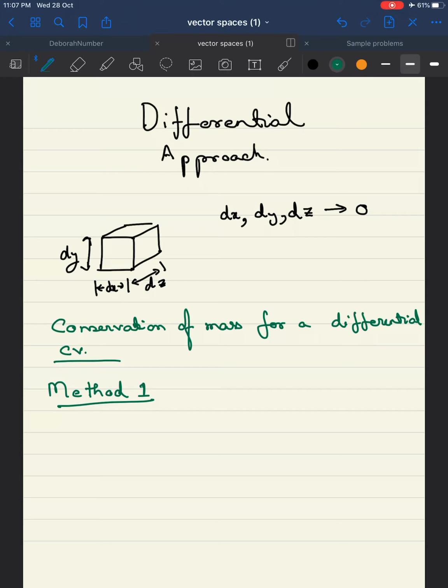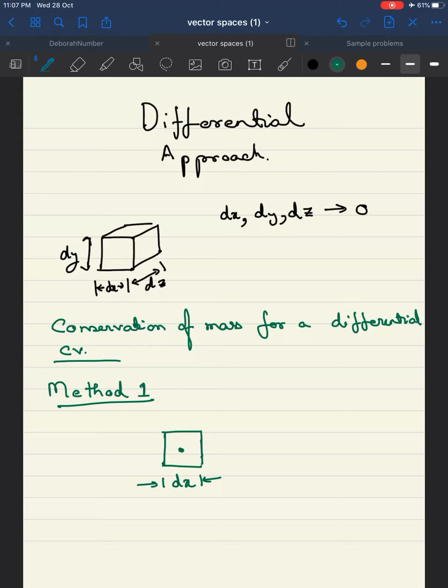So let's look at a differential element, and let's just consider right now the dx part. We'll quickly be able to expand it into the 3 dimensions.